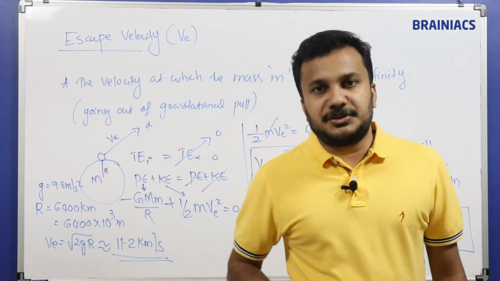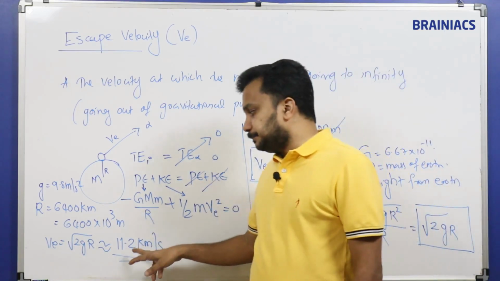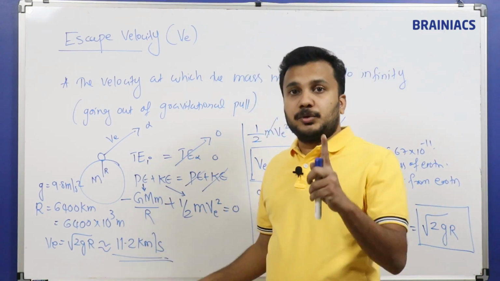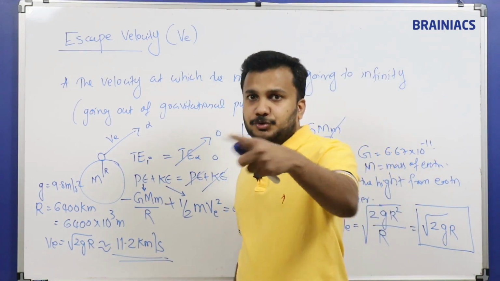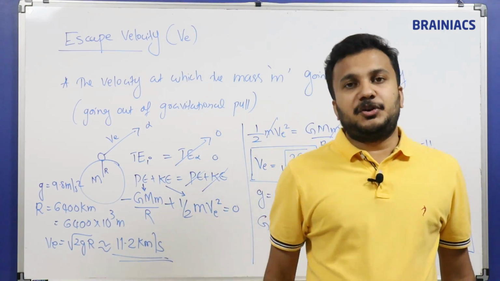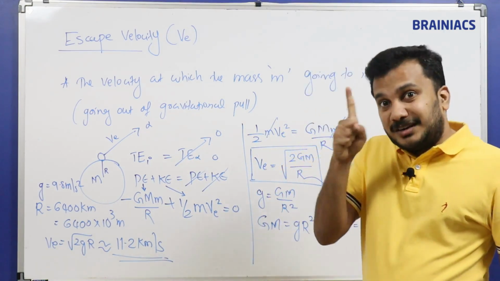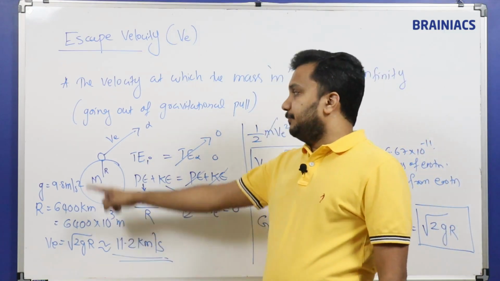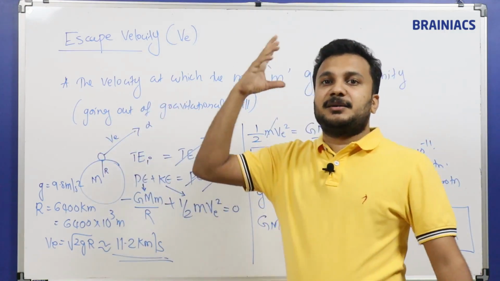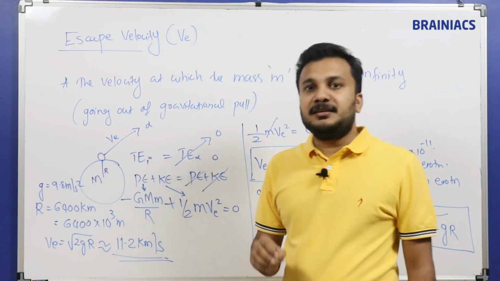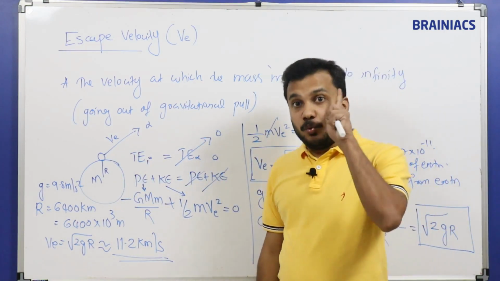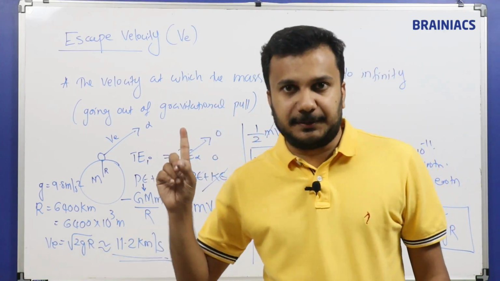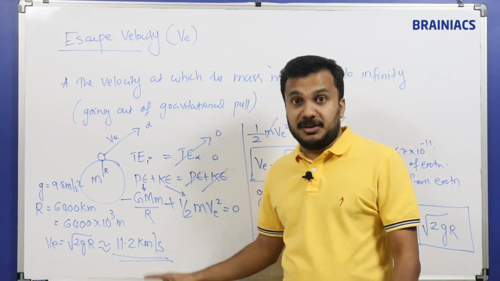So once you are on the surface of earth, if you are throwing the mass m with a velocity of 11.2 kilometer per second, is it possible for you to throw from here? It is not possible for a human being to throw at 11.2 kilometer per second. If some system can send the mass out of the surface of earth, and it is traveling 11.2 kilometer in 1 second, that is a very high speed.